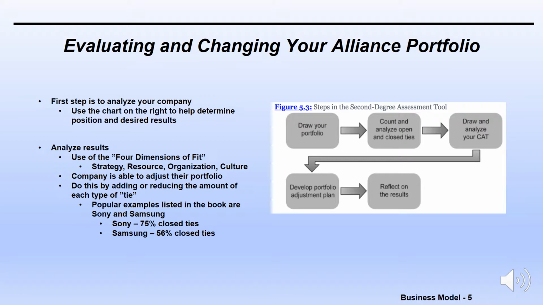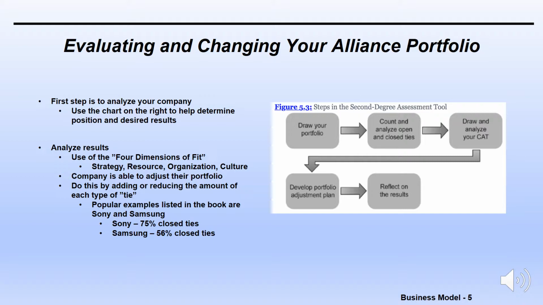Now that we've discussed the first degree perspective, which assists with determining appropriate alliances and partnerships through self-evaluation and the evaluation of others, and we've looked at the second degree perspective, which analyzes the different types of portfolios and assists in choosing which one would be most beneficial to your organization, let's look at the evaluation stage, which is referred to as evaluating and changing your alliance portfolio.